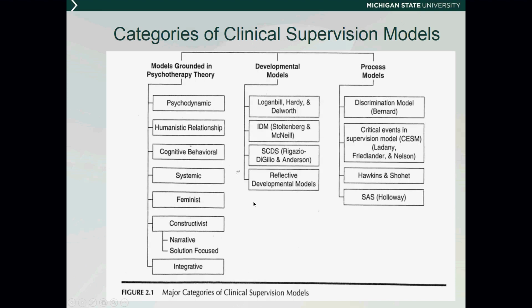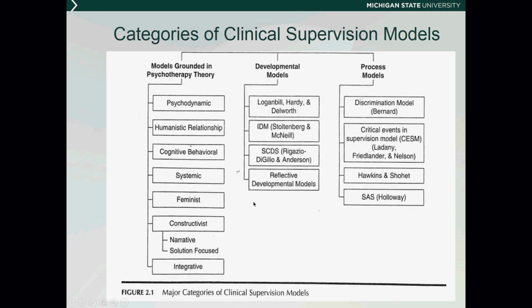We cannot discuss all of them in detail, but I would focus more on the developmental models and the process model. The developmental model talks about the development of the supervisee, and the process model talks about the tasks and ingredients that are important in providing supervision.